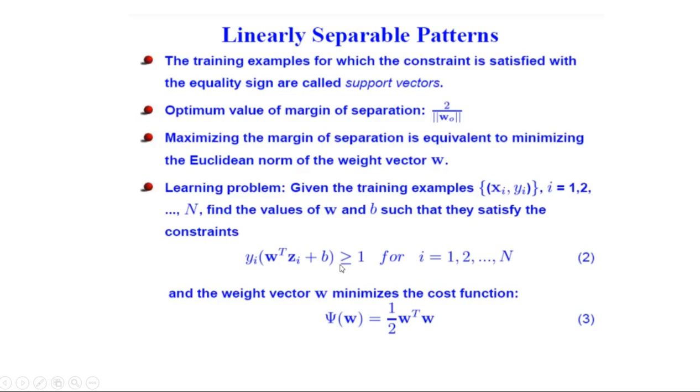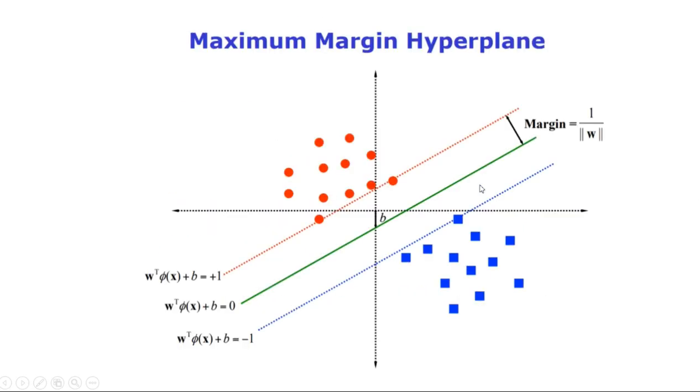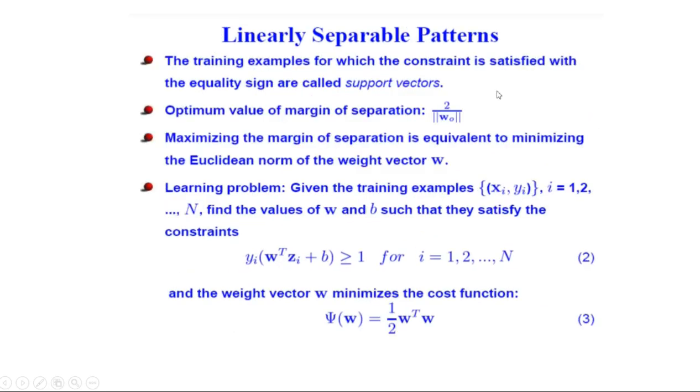Now you need to find the weight vector in such a way that you maximize this margin. This is the margin equation, 2 by mod W. I already told you, this is 1 by W and this is 1 by W, total 2 by W. So instead of maximizing this, what we are doing is minimizing the reverse of this equation. 2 by mod W, the reverse is mod W by 2.